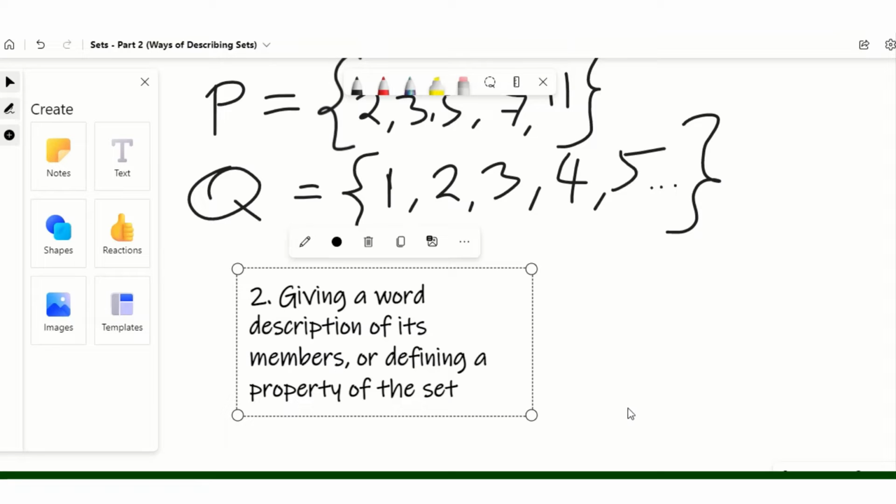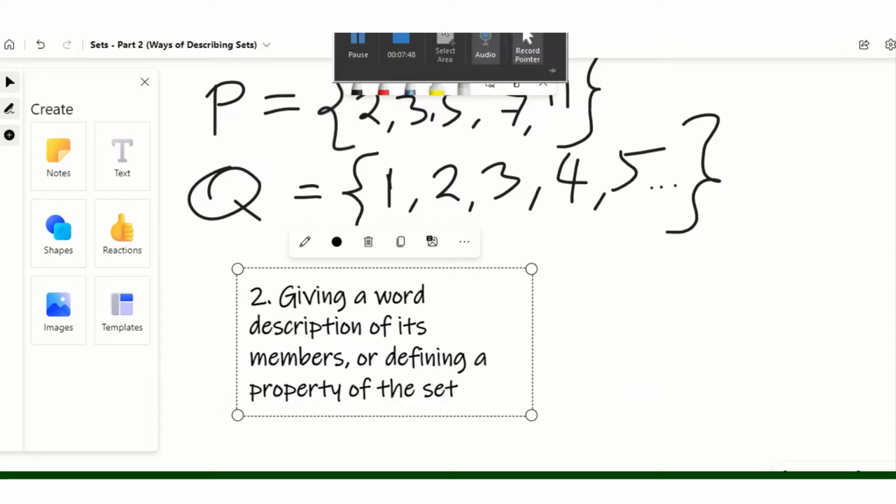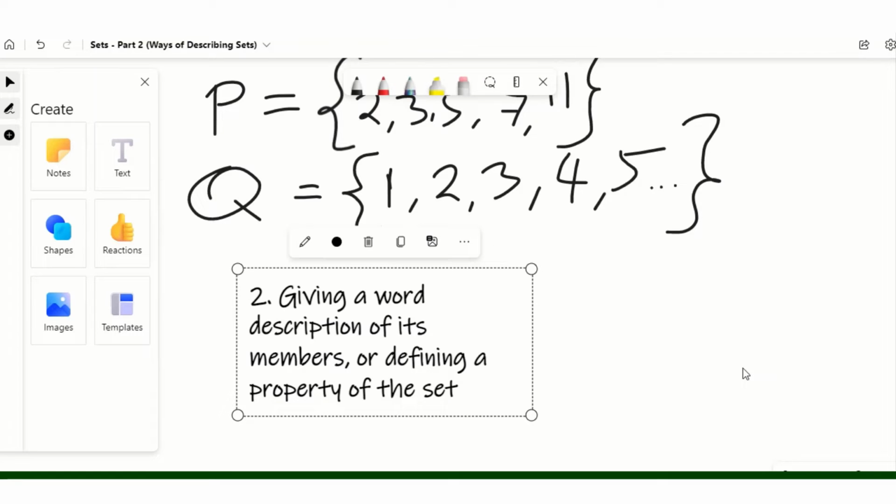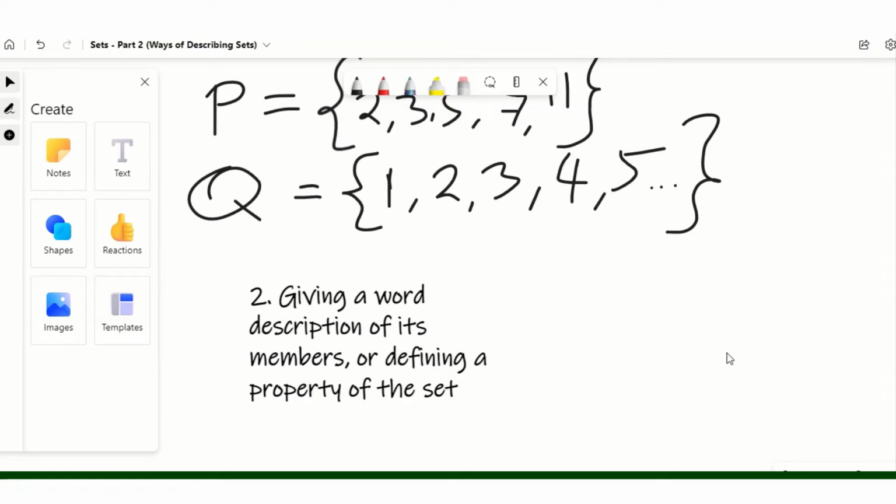So we are going to use our examples, the sets P and Q, as examples.